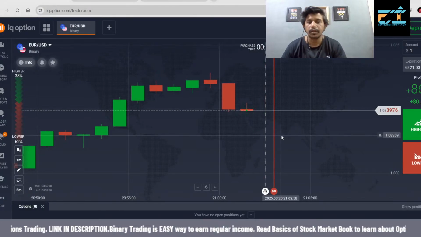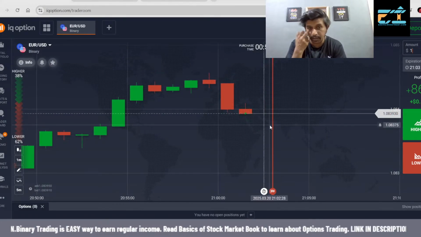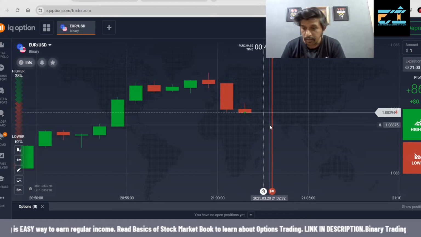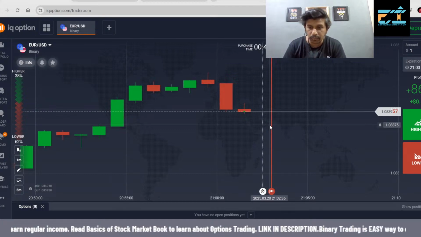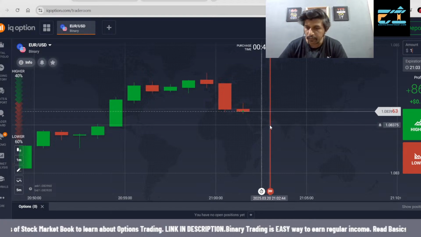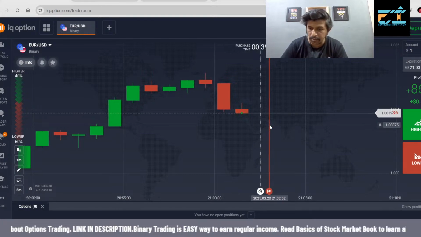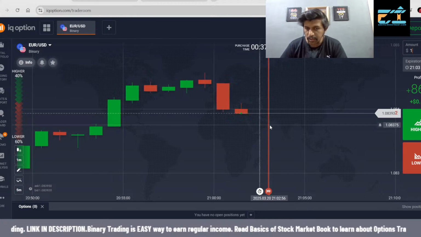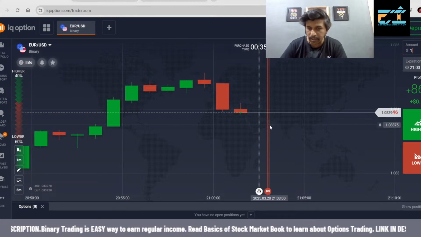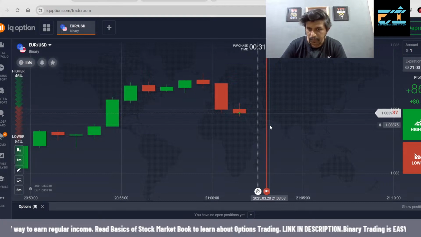$11. Okay, so there is probably a trend which is forming here, a negative trend, and we'll have to wait for it to form the trend first of all. 45, 46, 47, 48, 49. Let it be a negative trend, man. Let it be. 57, 48.